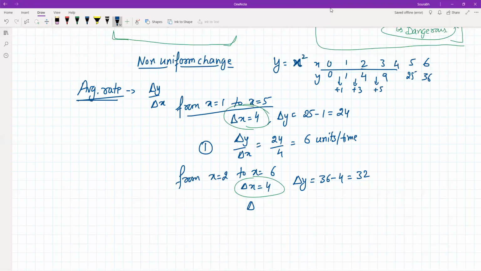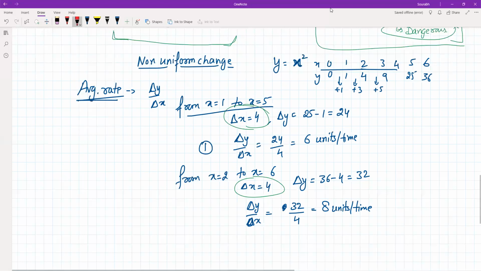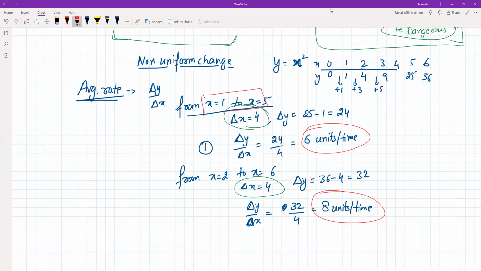And for this interval, from 2 to 6, delta y by delta x will be 32 by 4, or 8. Correct? So here you can see this average: here it is 6 and here it is 8, when the interval is changed.